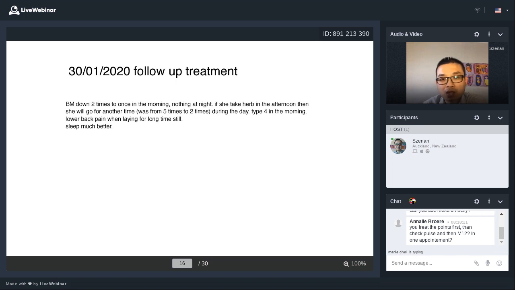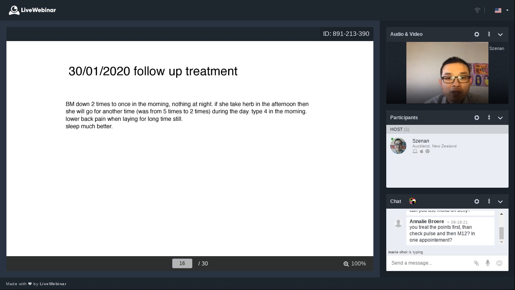If she takes herbs in the afternoon, then she will go another time. And during the day, it was about 5 times down to 2 times last time. And now she's cut down from 2 times in the morning to once. But if she keeps taking the herbs, then she goes one more time in the afternoon. So we're not quite sure what happened yet.